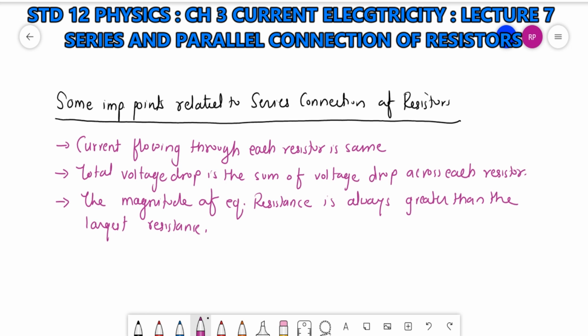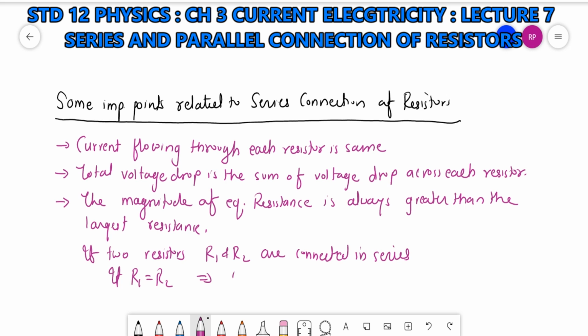Now, let's take if two resistors, R1 and R2, are connected in series, and if R1 equal to R2 equal to R, then R equivalent will be equal to 2R.